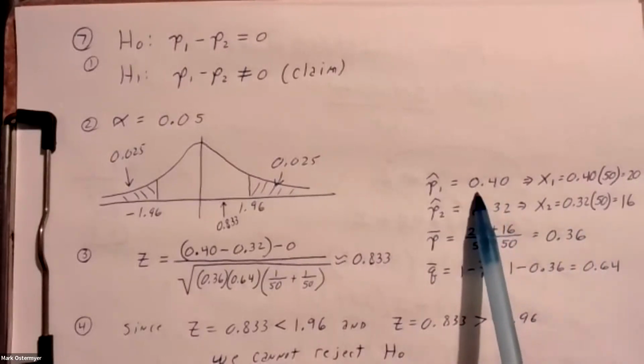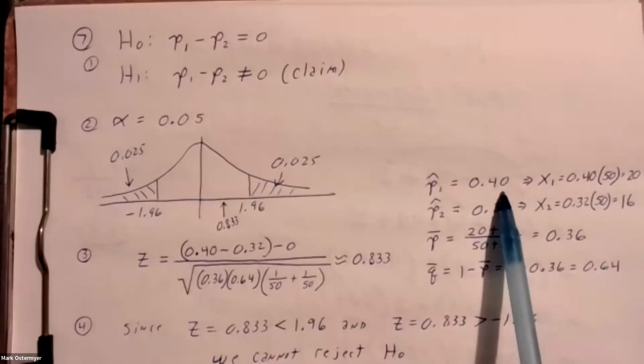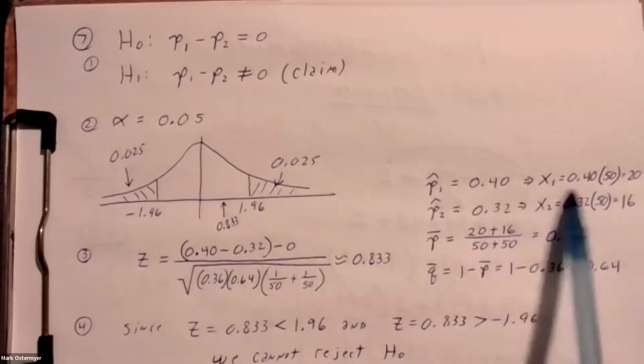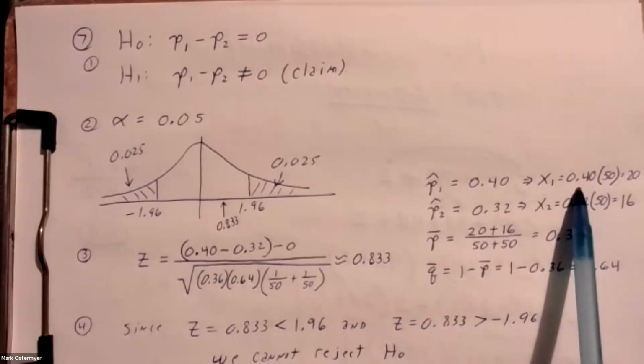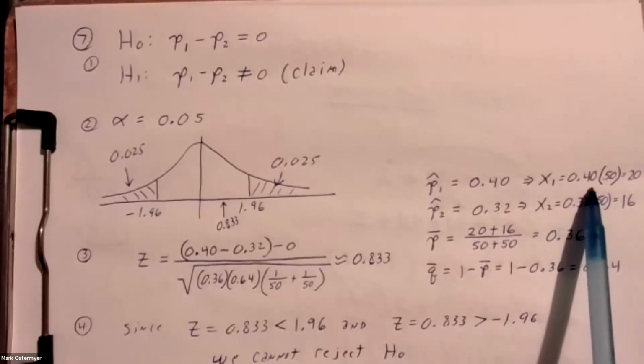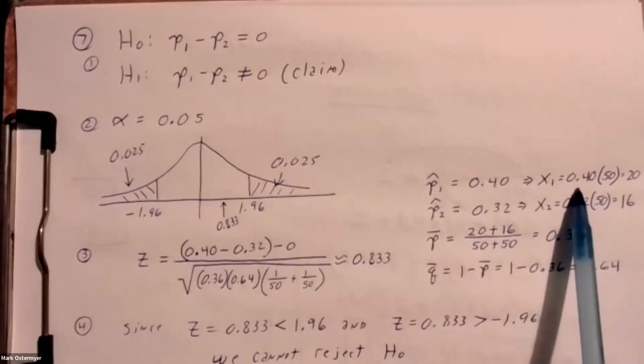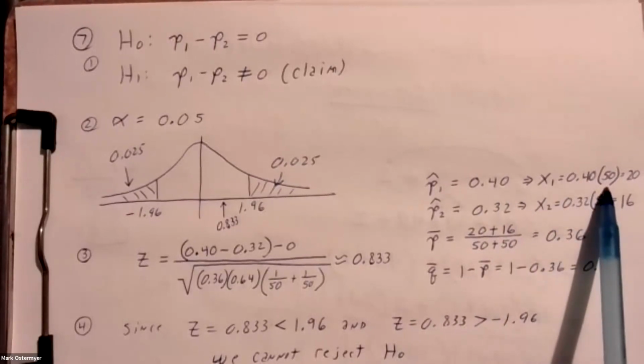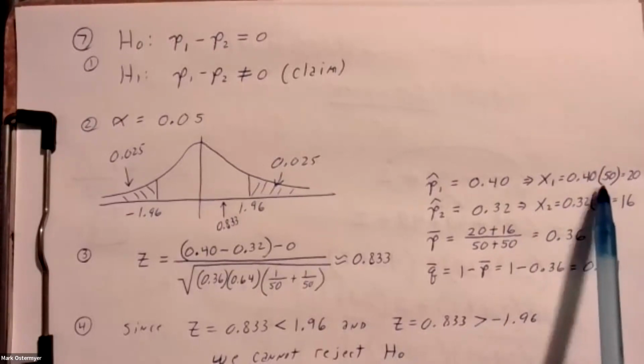They tell us that 40% of the younger age group do have college degrees, but we need to know what x sub 1 is. And to get x sub 1, for the purposes of computing our test statistic, we take 0.40, which is p sub 1 hat, and multiply it by the sample size for sample 1, which is 50.